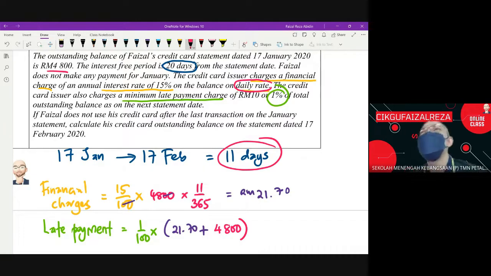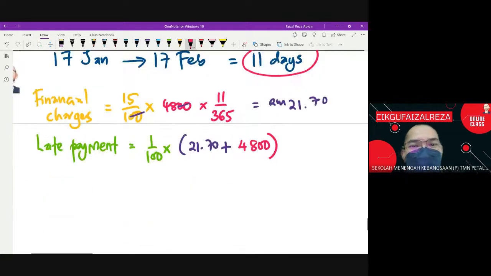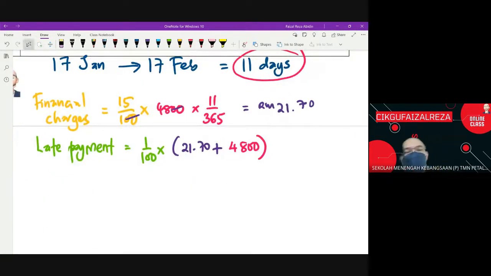So good, right, using a credit card? So the late payment charge, how much? You first add 21 ringgit and 70 cent plus 4,800, press equal, and then multiply by 0.01, because 1% is 0.01.